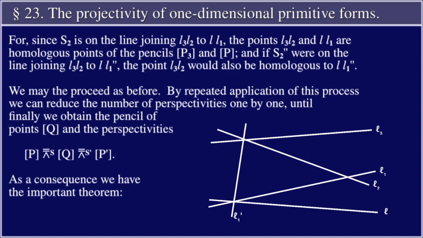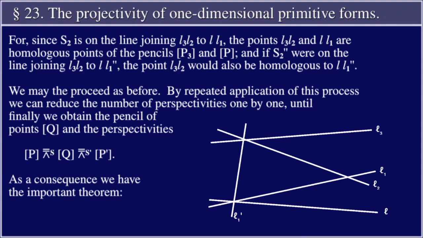For since S2 is on the line joining L3, L2 to LL1, the points L3, L2, and LL1 are homologous points of the pencils P3 and P. And if S2'' were on the line joining L3, L2 to LL1'', the point L3, L2 would also be homologous to LL1''. We may then proceed as before.